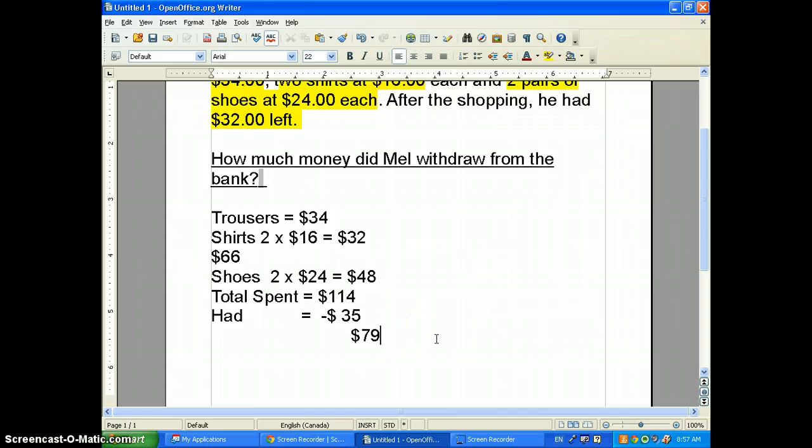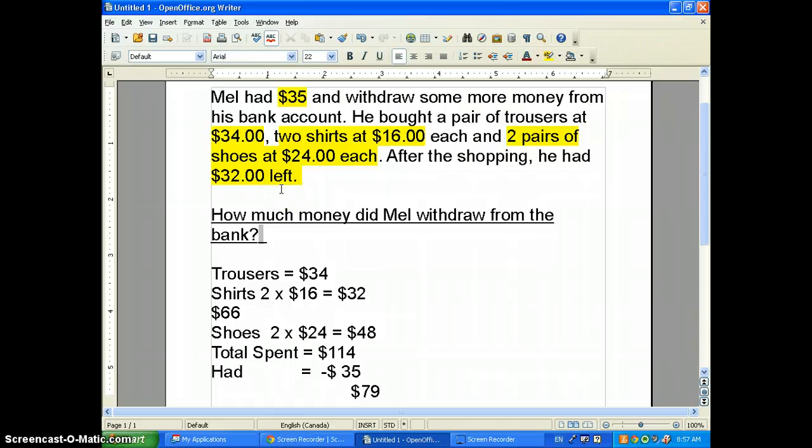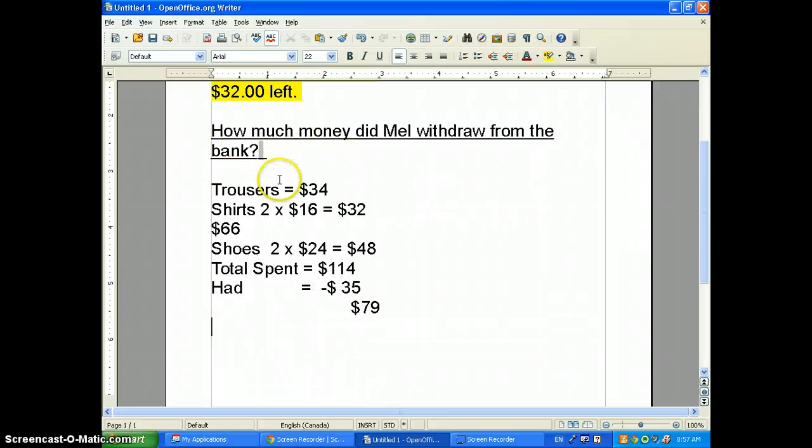Now, we're not done, though. He had some money left. He had $32 left in his pocket after spending everything. That's money he got from the bank as well. So now we need to add.